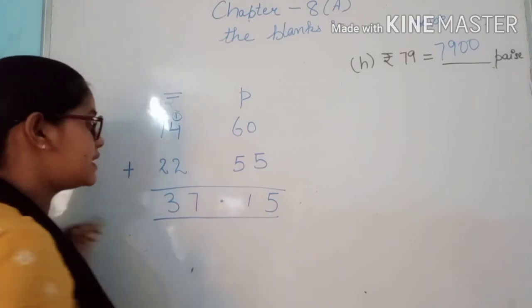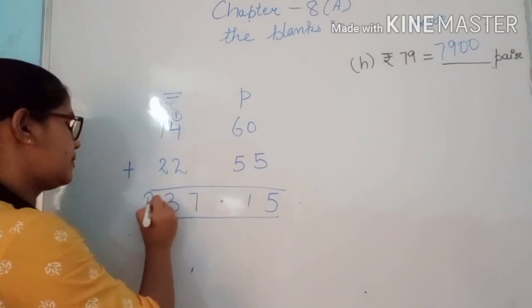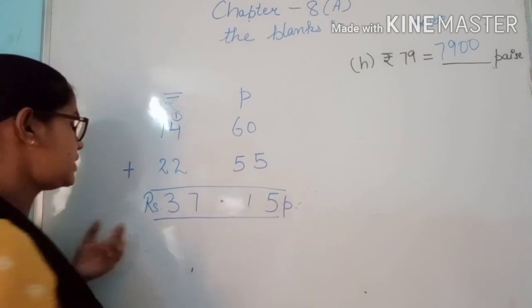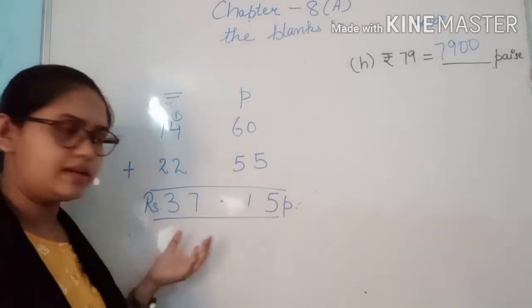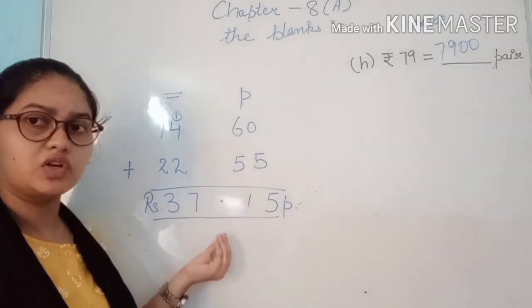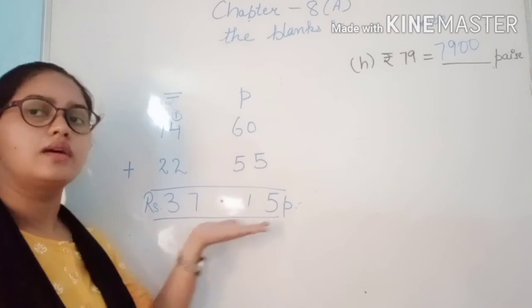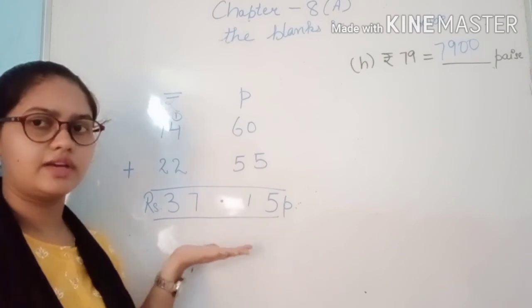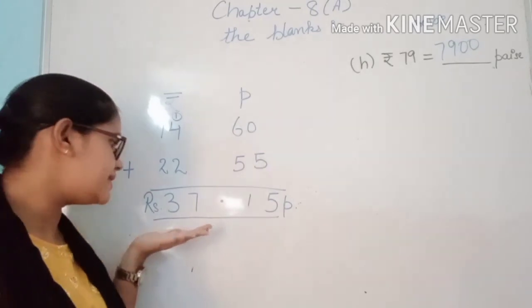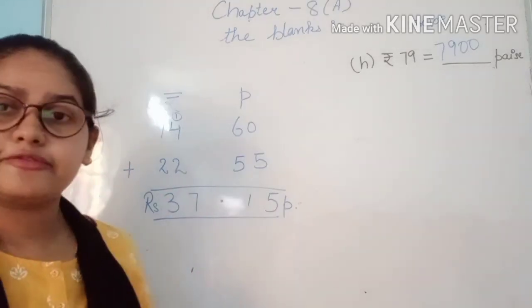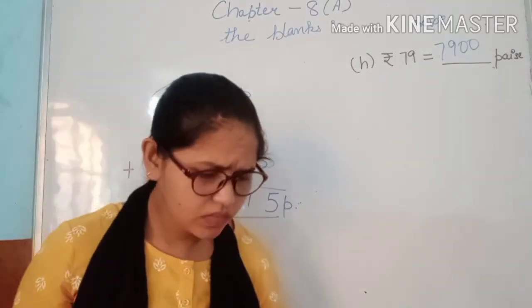So our answer is rupees 37 point, because we are showing rupees separately and the paisa separately. Okay, so they have their own sections. So rupees 37.20 paisa. So this one is our first answer.